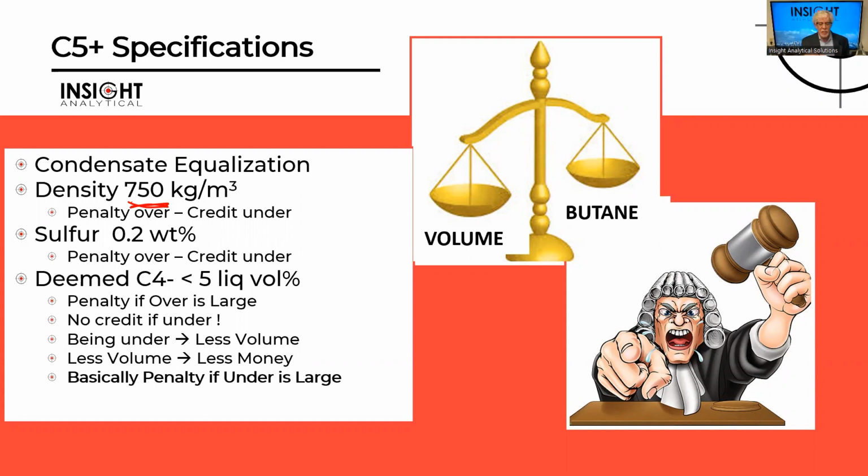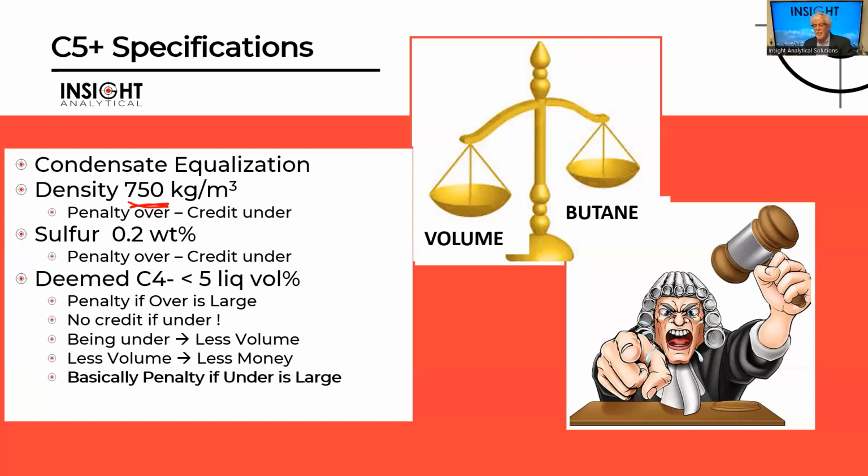Similarly with sulfur, you're going to start paying a penalty if you're over 0.2 weight percent, but if you're under 0.2 weight percent, you're going to get a credit. So for both of those, there's not often much value in trying to purposely adjust those parameters. You'll get credit if you're under the specification and only pay penalties if you're over.